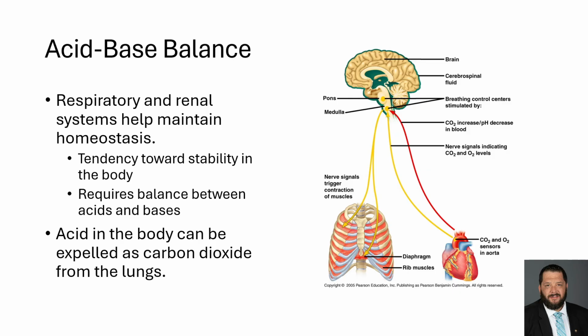The respiratory and the renal systems work together to help maintain homeostasis. This tendency toward stability in the body, or homeostasis, is a balance between acids and bases, or alkali. And the body uses both the renal system and the respiratory system to maintain that status. As we mentioned earlier, if the body detects too low of a pH or a high concentration of carbon dioxide, the brain will send signals to the lungs and diaphragm to ventilate more frequently.